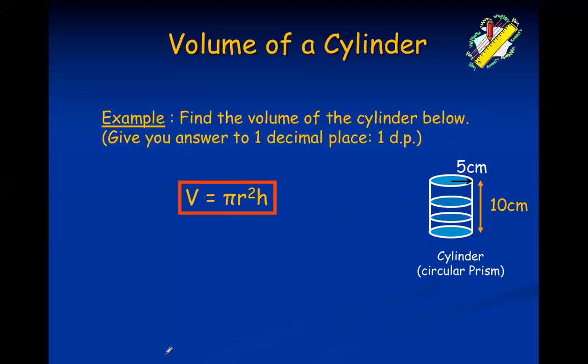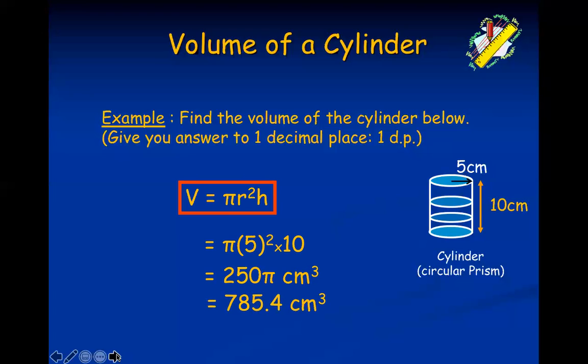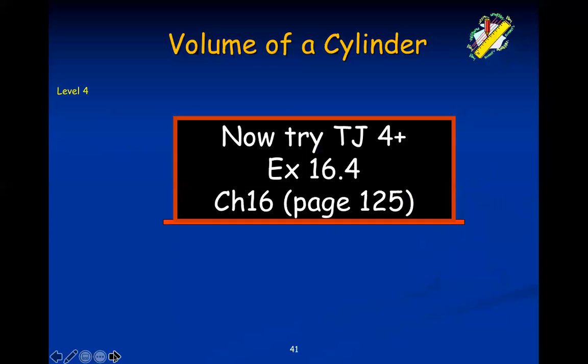And if you round that to 1 decimal place, you get 785.4 centimeters cubed. So those are the steps to type in your calculator, and that's how you calculate the volume of this circular prism or cylinder.